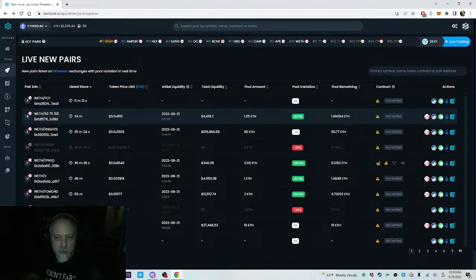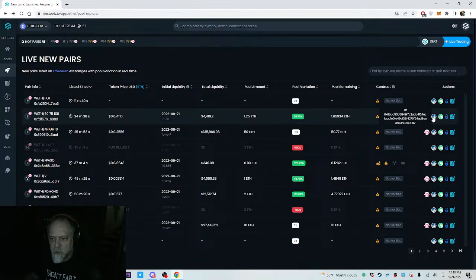So by this initial information, just on this page, I can tell you that they started out with 1.25 Ether in their liquidity pool, and so far, X amount of people have put in 0.4 Ether, almost 0.41. So this is an important number as well.